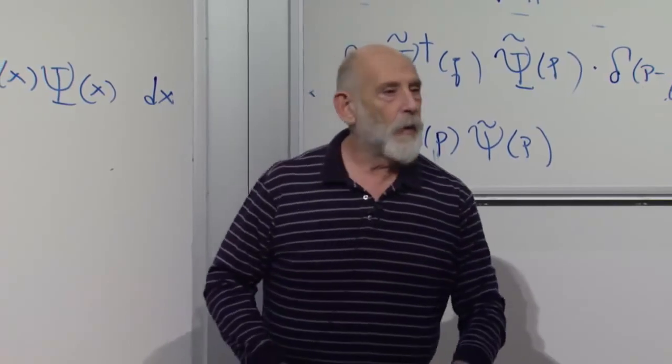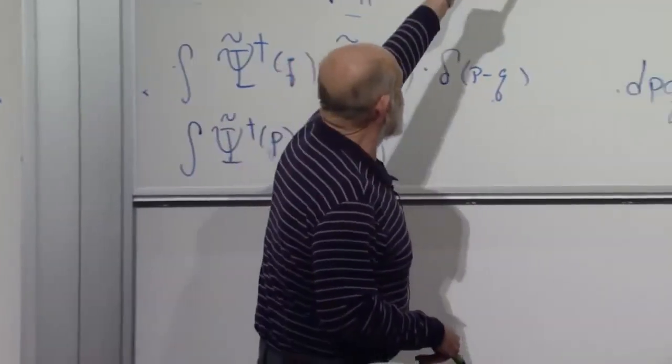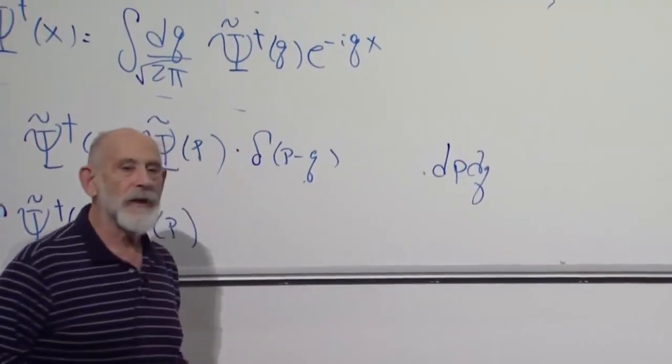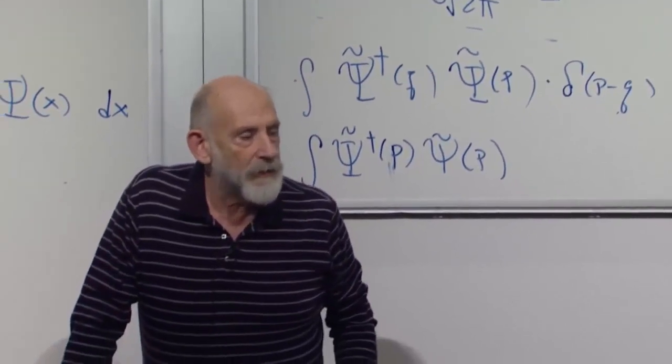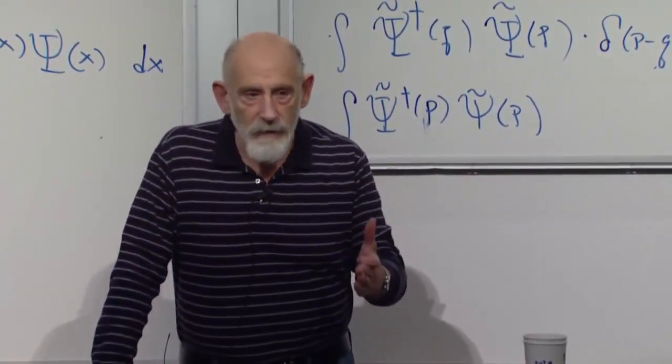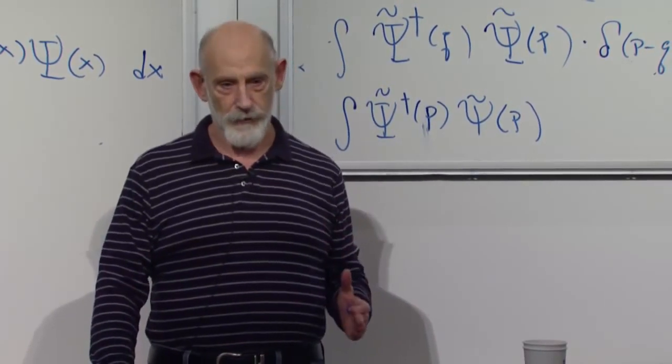Okay. What was the working ingredient here? It was the integral over x which turned this into a delta function. The integral over x turned it into a delta function, and the delta function, you can say, was the delta function of momentum conservation.